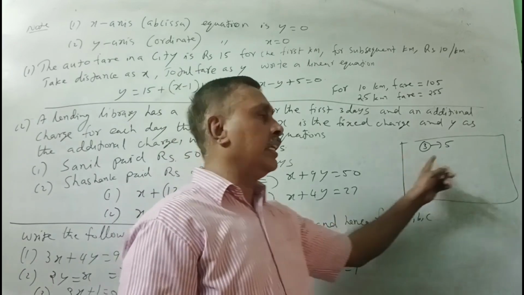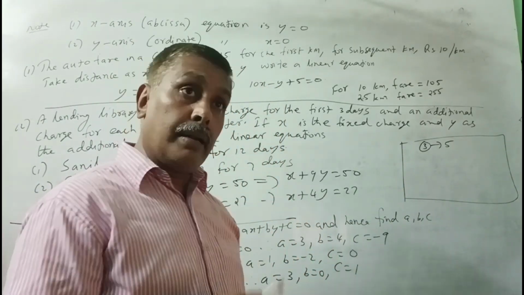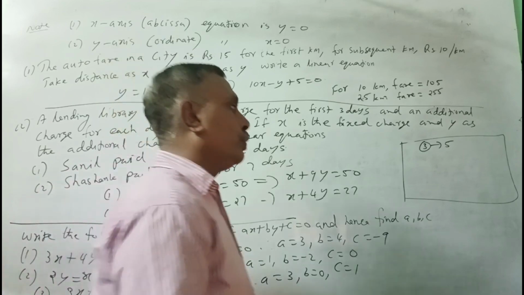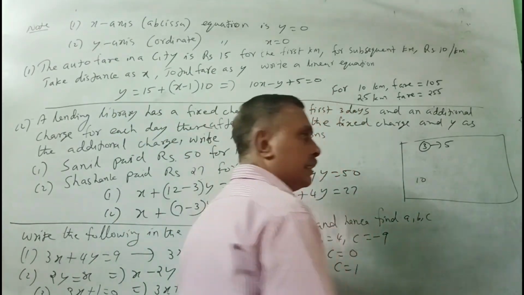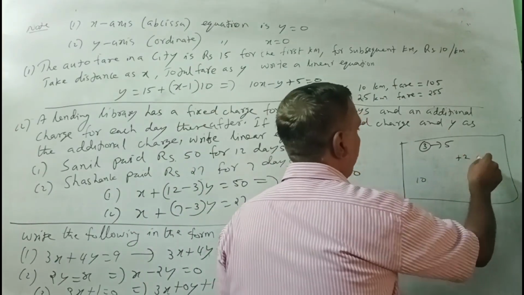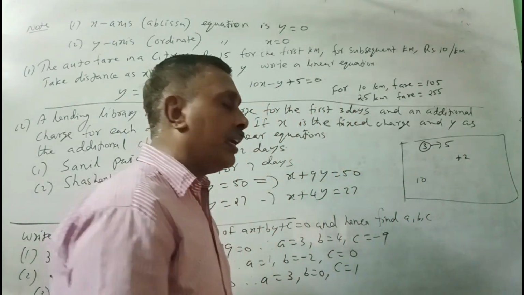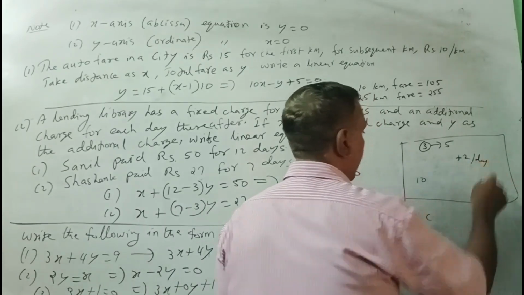So for the first 3 days rupees 5, and the remaining: suppose you kept it for 10 days, and he is telling that for additional days you have to pay plus rupees 2 per day.